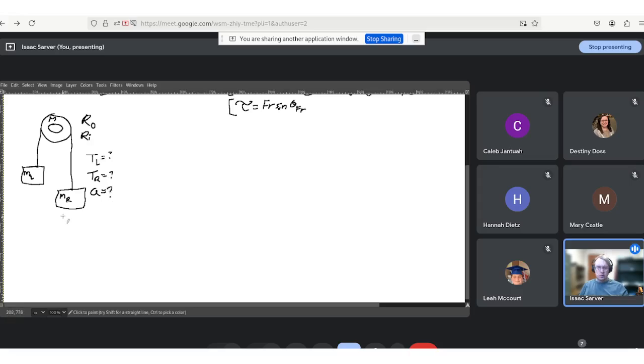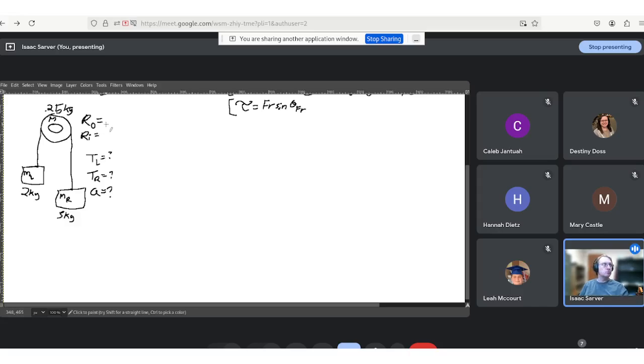Alright, mass on the right. Let's go with 5 kilos on the right, and we'll do 2 kilos on the left. Let's make this pulley up here a 1/4 kilo.